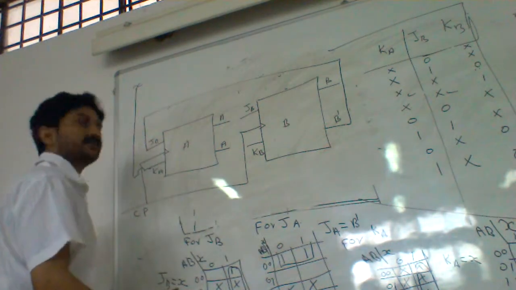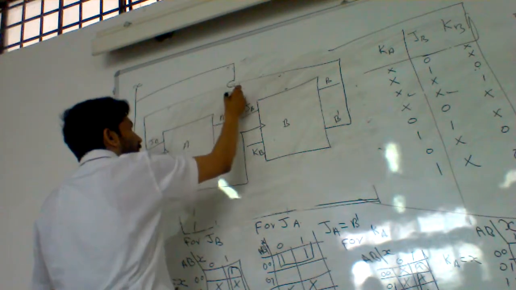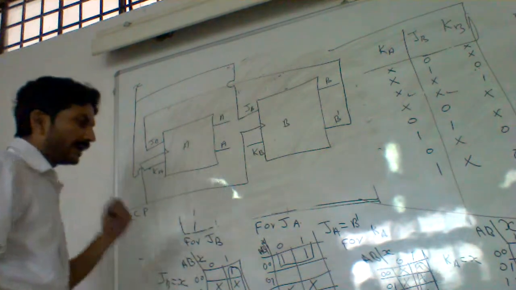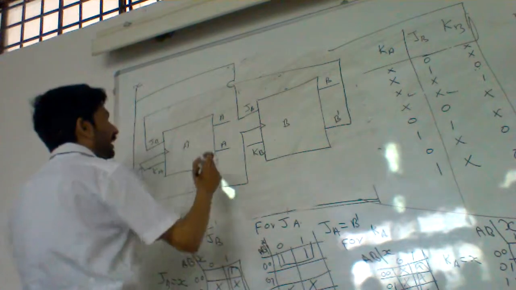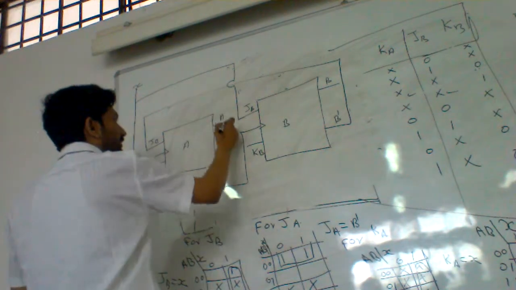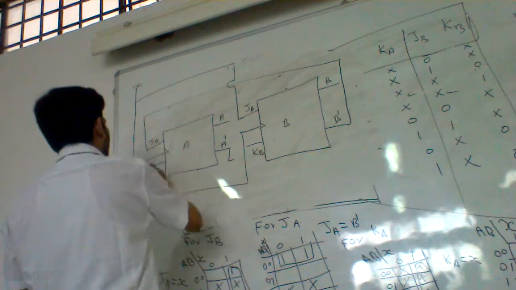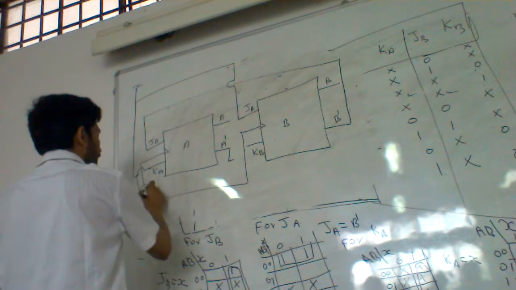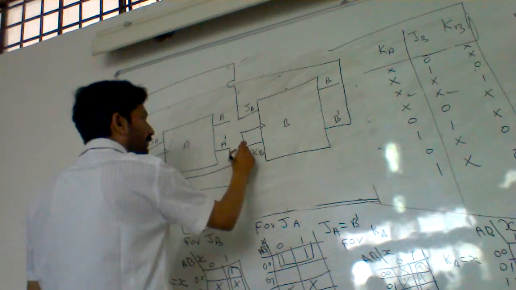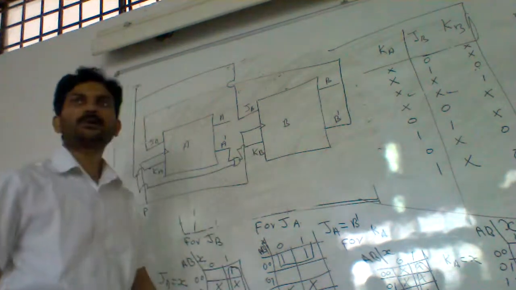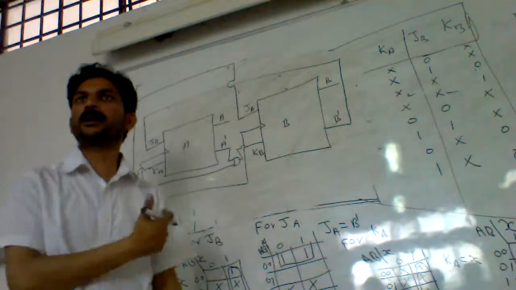JB is also X. And KB is A dash X. So this is your A dash, and take the X from here, and that will be an AND gate. Use an AND gate. Okay, so this is the complete solution for the exam.